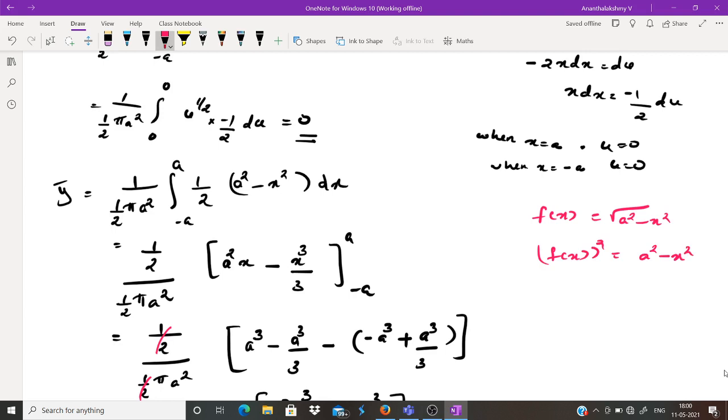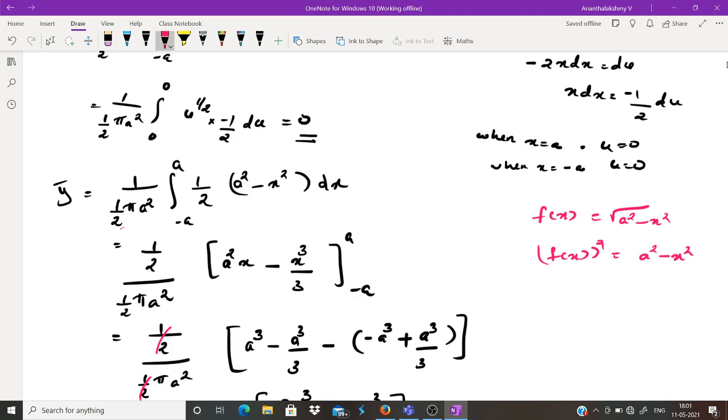So y bar equals 1 by half pi a square integral from minus a to a of half into a square minus x square dx. Then integrating, a square x minus x cube by 3 between the limits minus a to a. Then substitute the limit.